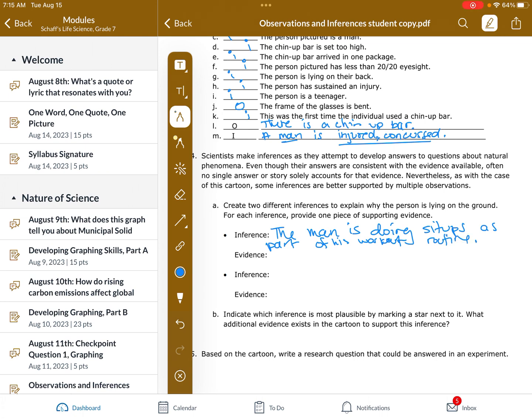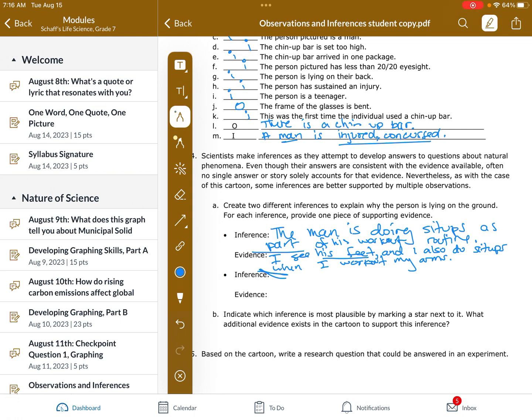I know this because I see his feet, and I also do sit-ups when I work out my arms. Okay, so his feet being pictured as the evidence.